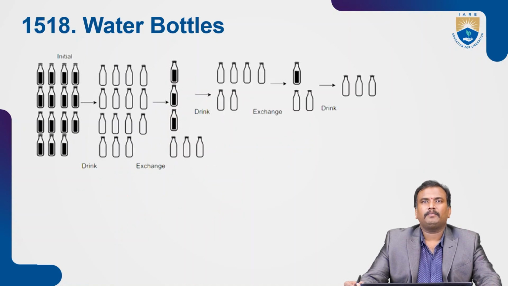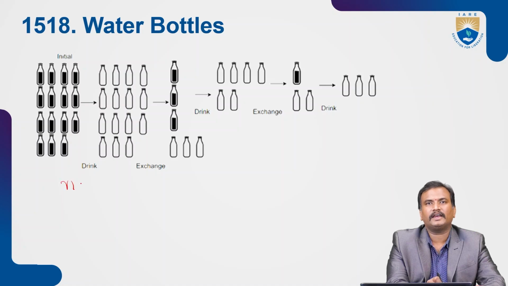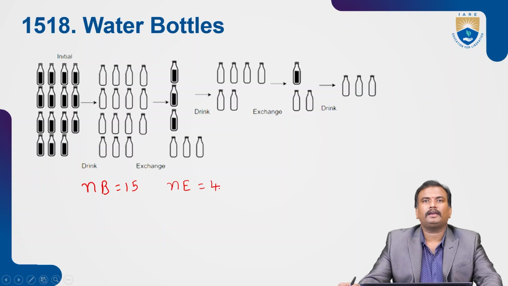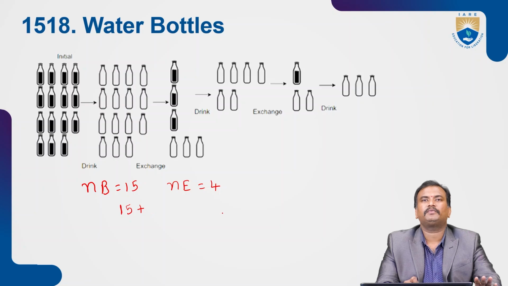And let us take another example with number of bottles as 15 and number exchange as 4. So if we take number of bottles as 15, number exchange is 4. Here the maximum number of bottles initially which we can drink is 15 bottles.